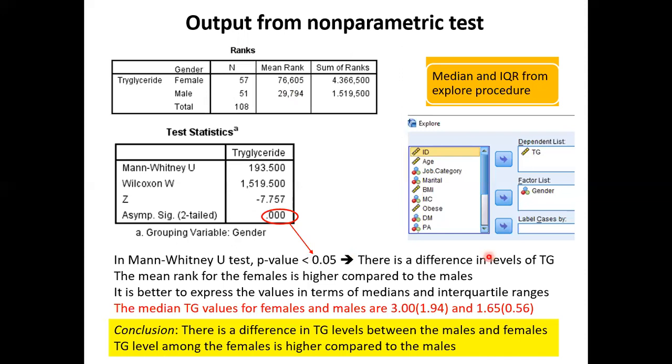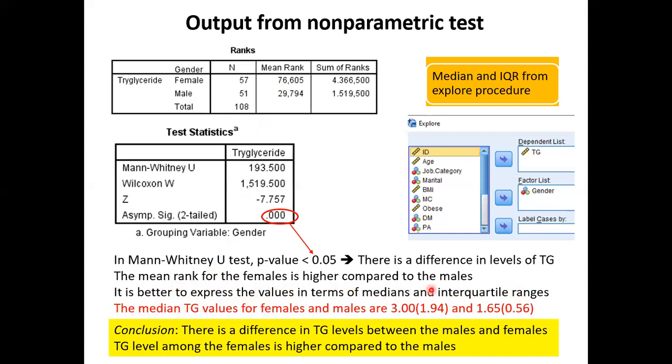Next, who's higher? Can you explain the difference? You can say the mean rank for the females is higher compared to males. But instead of using ranks, nobody knows what ranks are here. We rather express in terms of medians and interquartile range. We discussed this in the last class. If it is symmetrical or normal, mean plus or minus standard deviation.